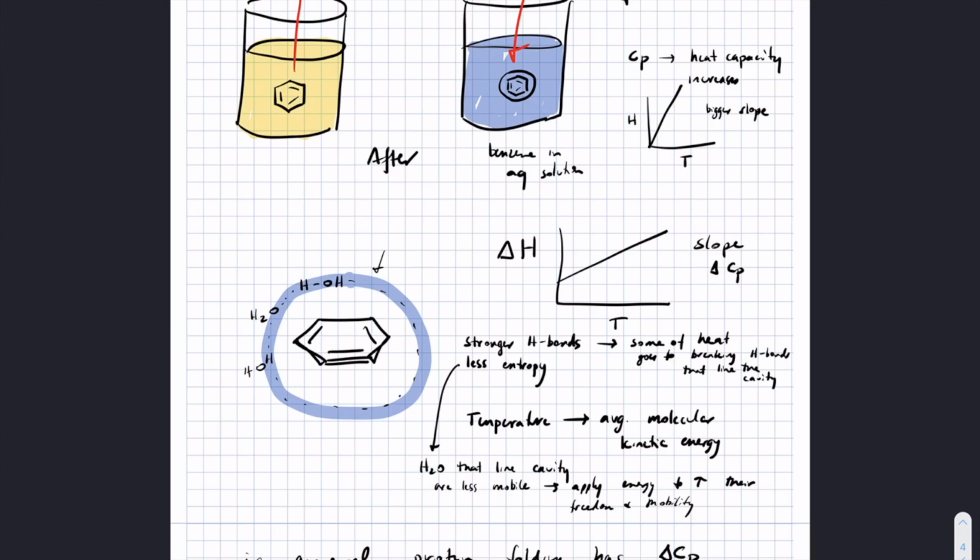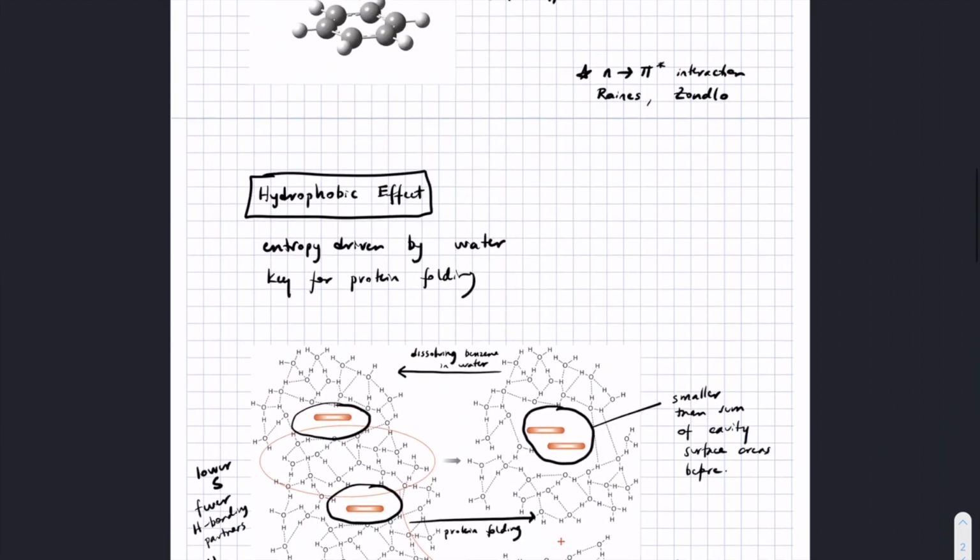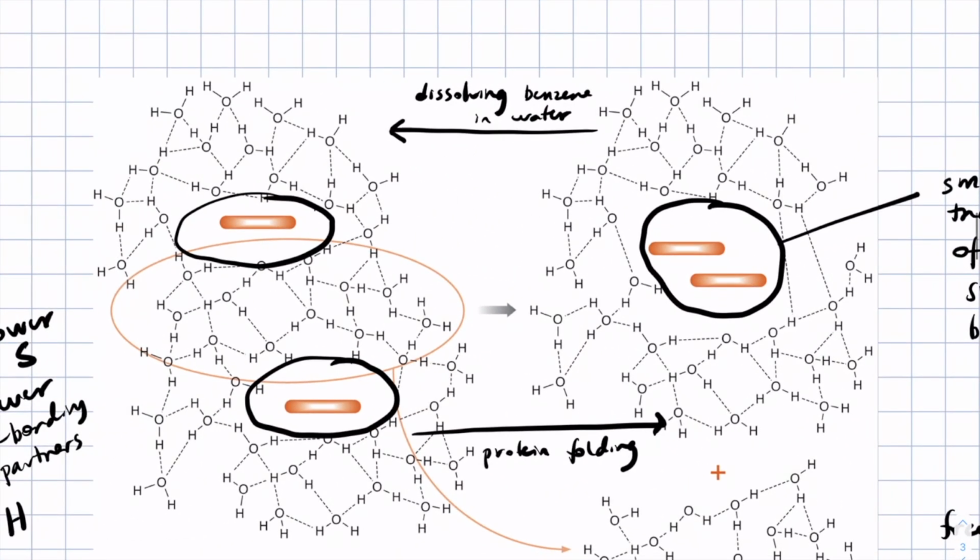But relative to hydrogen bonds, the van der Waals interactions are weak. So it can't be driven by van der Waals interactions, because the van der Waals interactions between your nonpolar molecules are not enough to pay for the hydrogen bonds that you lost. So it is a non-covalent interaction, I suppose you can think about it that way, but it's entropy driven rather than enthalpy driven, and it's complicated. It's only a thing in water, right?